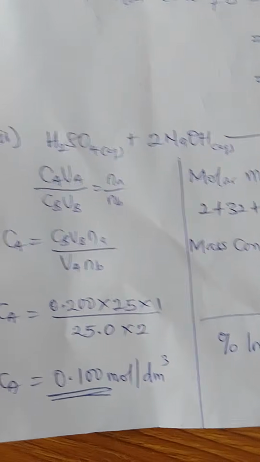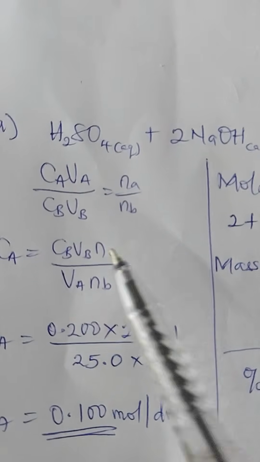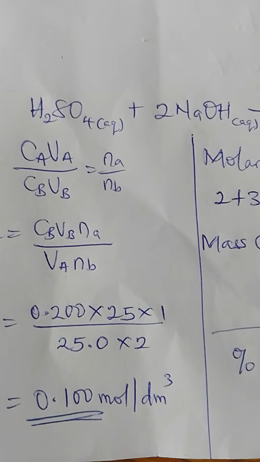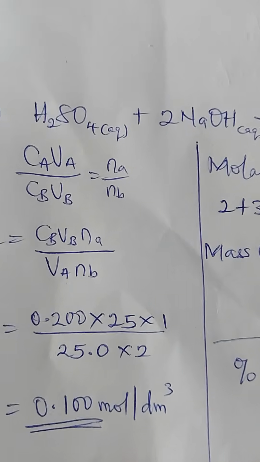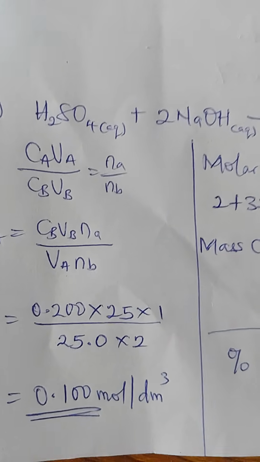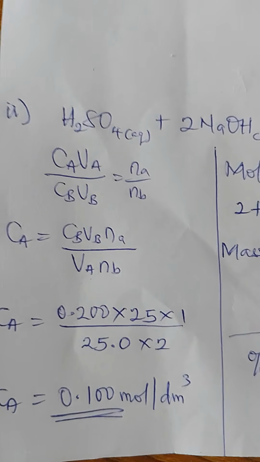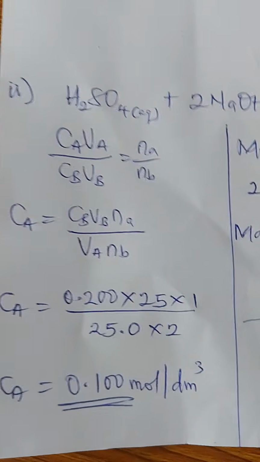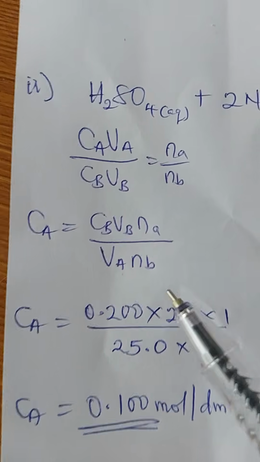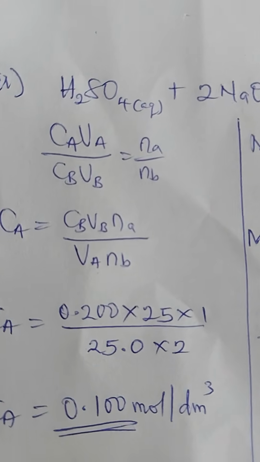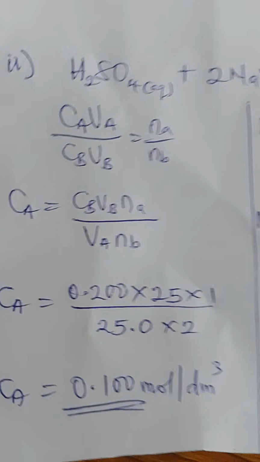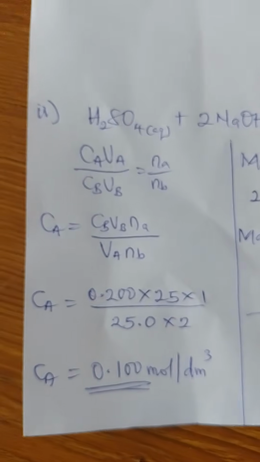You don't expect me to tell you my titer value, but you expect me to tell you that 25.1 is the correct titer value when you use calculations, which we have done. I didn't show you that. I have done that. Yeah, it's 25.10. So I'm using 25. Anybody that uses 25.0, 25.1, 25.2, 25.4, even 26.0 will still be correct.